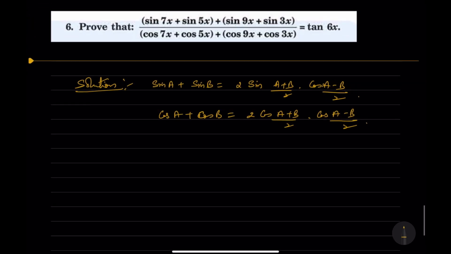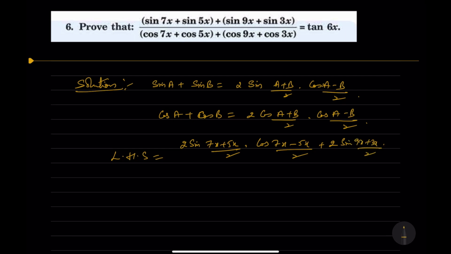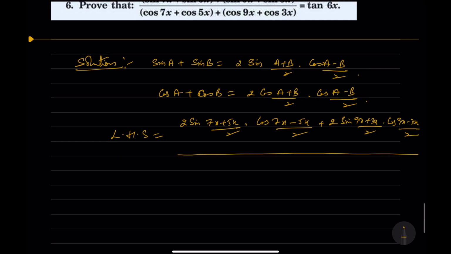So therefore substituting here you will get LHS is equal to, in the numerator you will have 2 sin of 7x plus 5x by 2 into cos of 7x minus 5x by 2 plus 2 sin of 9x plus 3x by 2 into cos 9x minus 3x by 2, divided by, here you will get 2 cos 7x plus 5x by 2 into cos of 7x minus 5x by 2 plus 2 cos 9x plus 3x by 2 into cos of 9x minus 3x by 2.